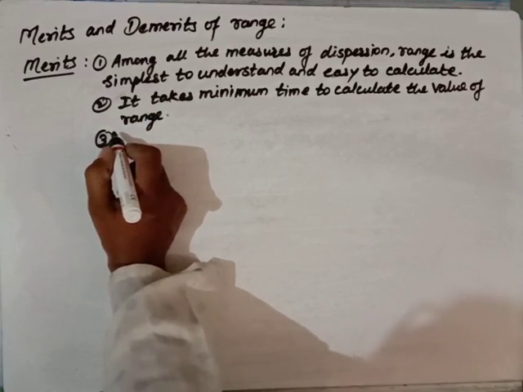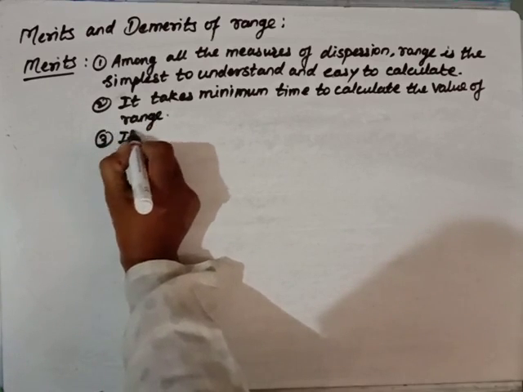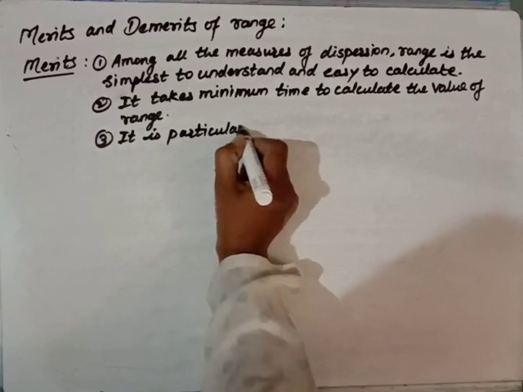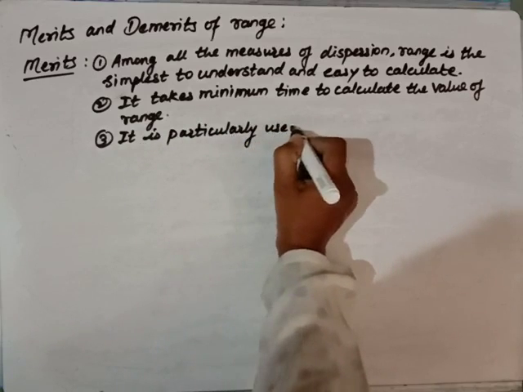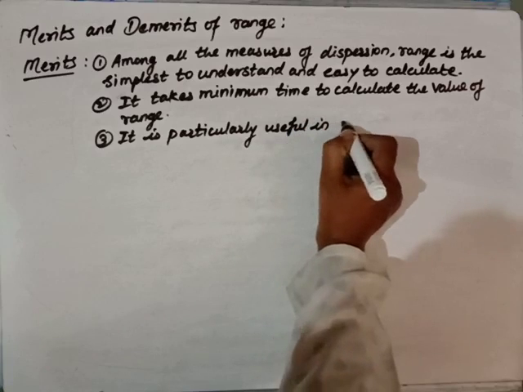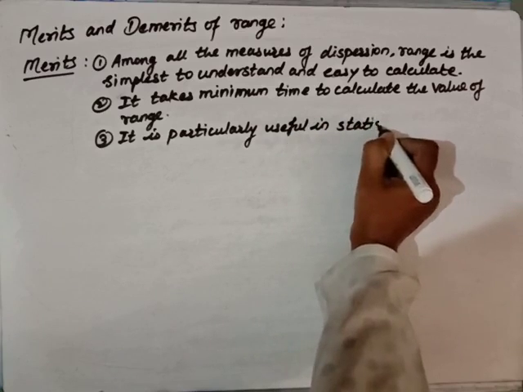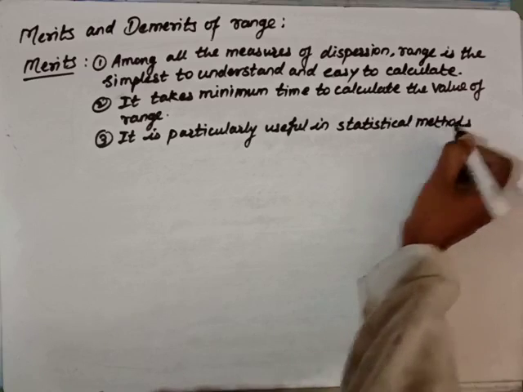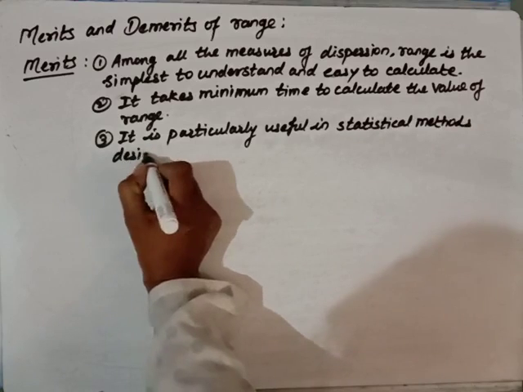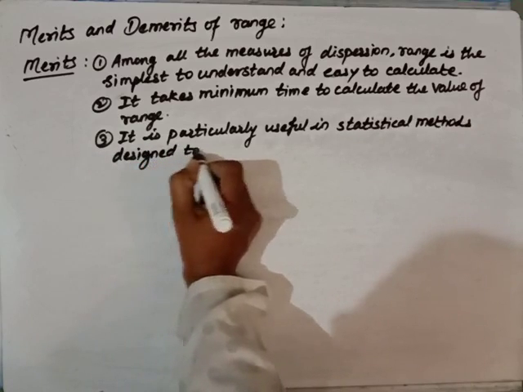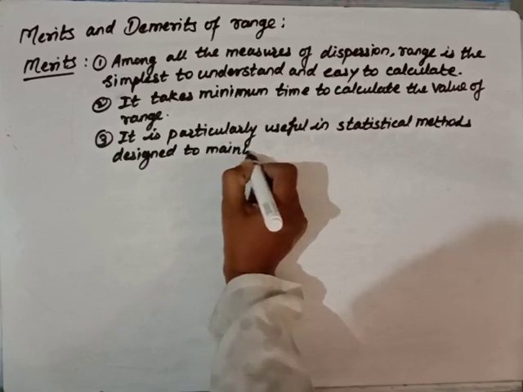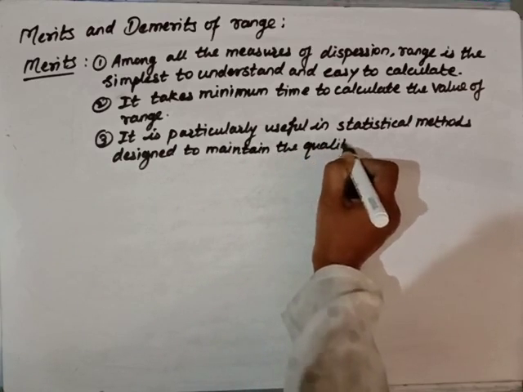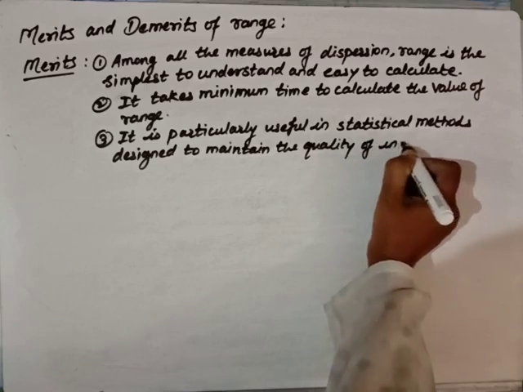Now the next one is that it is particularly used or useful in statistical methods designed to maintain the quality of industrial products.